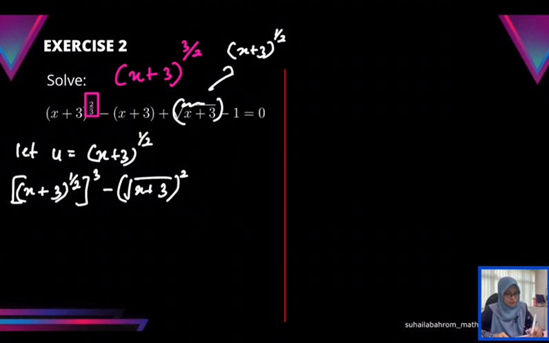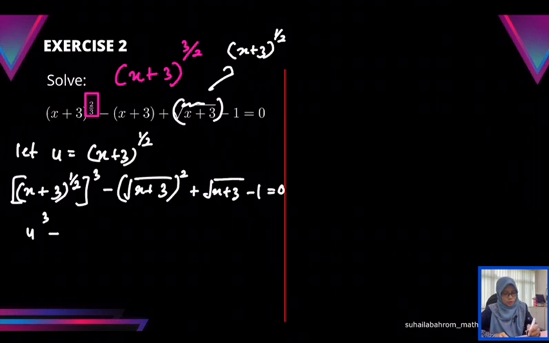We can rewrite like that, and then plus the square root of x plus 3 minus 1 is equal to 0. When you change in terms of u, it will become u cubed minus u squared, because the square root of x plus 3 is equivalent to u, plus u minus 1 is equal to 0.